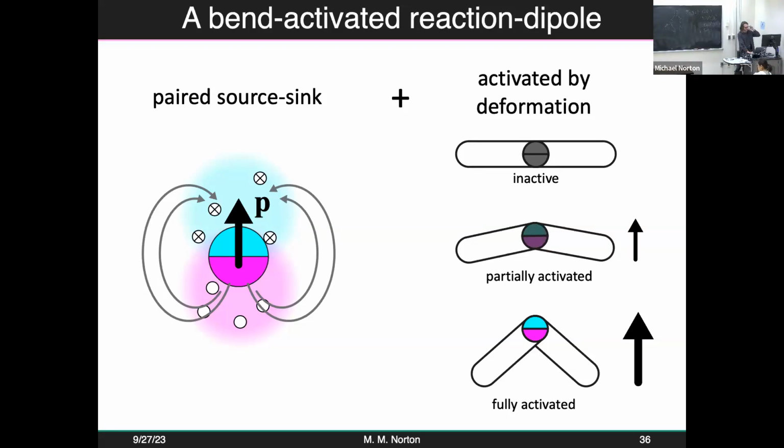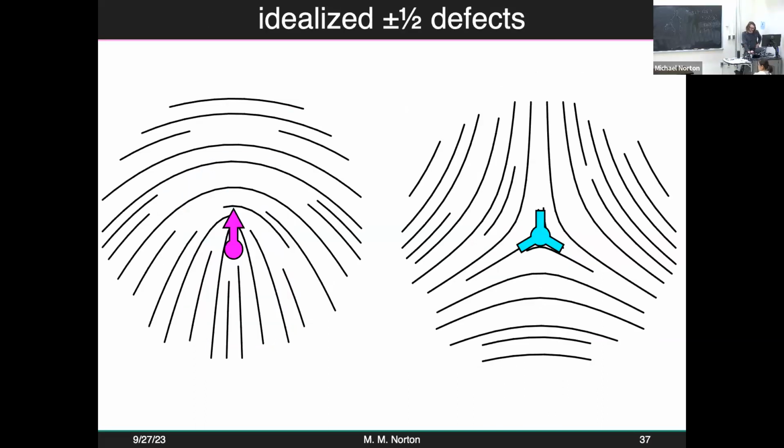But what ends up happening is we have a system that's very analogous to what you would see in electrostatics, where you have dipoles, and gradients in those dipoles can give you effective charge. I think this will probably not go super well if I rush it.